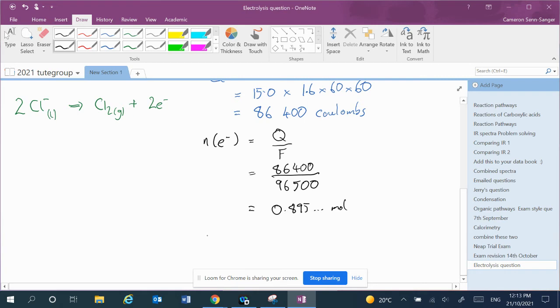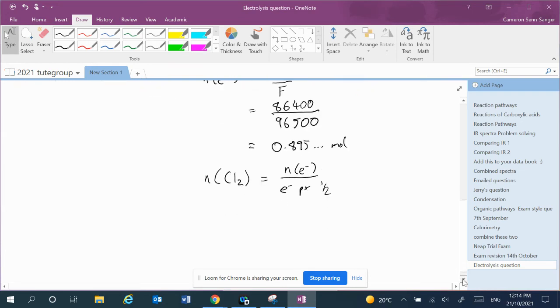What we now want to do is work out the actual number of moles of the chlorine itself. This is where we want to reference the half equation. To work that out, it's going to be the moles of electrons divided by the electrons per half equation. If we look up above, we can see there are 2 electrons up there.